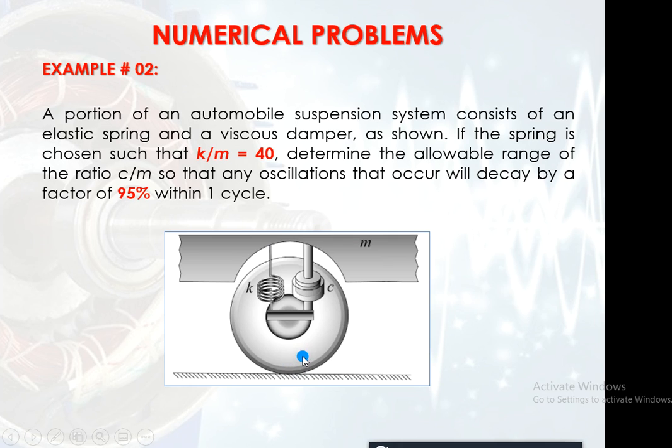Because of the stiffness element of the tire itself, some of the vibration will be damped, and after that the remaining vibration will be transferred through this stiffness and damping element to the body of the car.